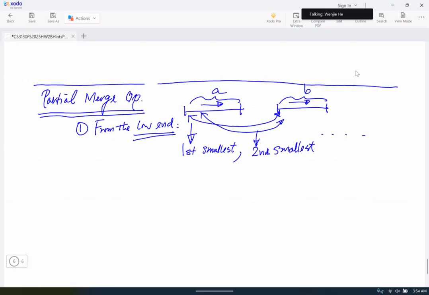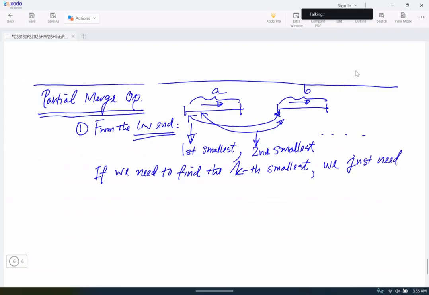So here, think about if we need to find the kth smallest element. We just need k comparisons, right?